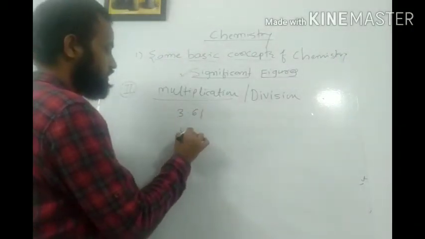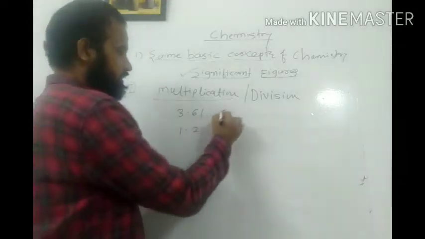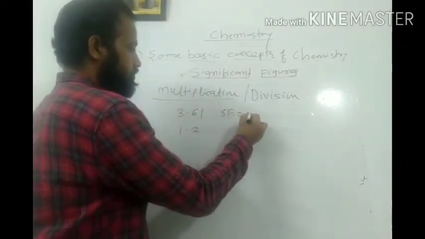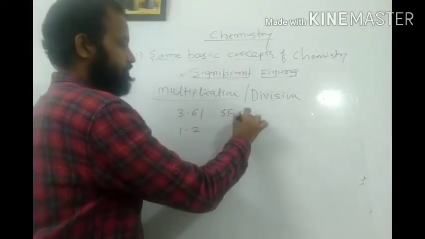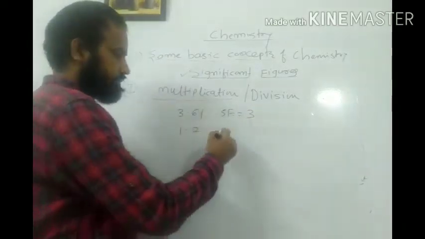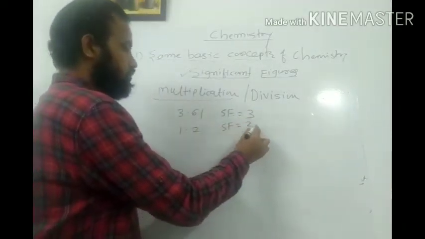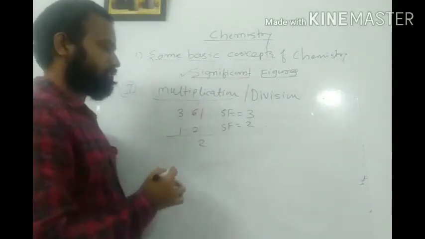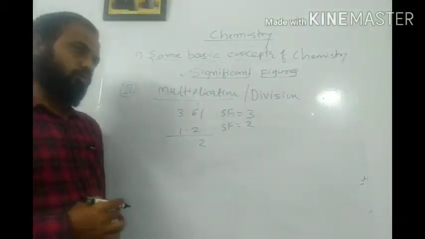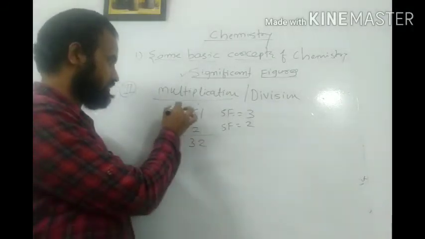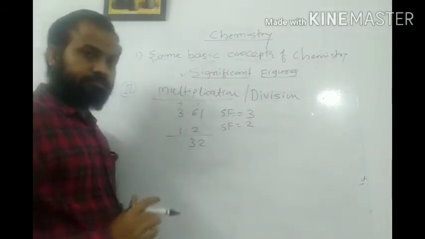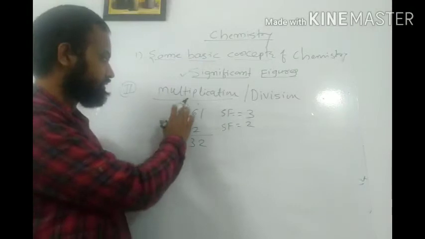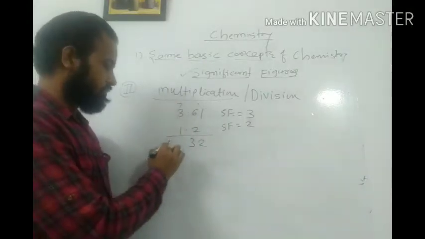Here the significant figures are 3 for 3.61, and for 1.2 it is 2 only. So just multiply: 12 ones are 12, 1 is remaining, 12 sixes are 72, 1 is 73, 7 is remaining, 12 threes are 36, 36 plus 7, that is 43.